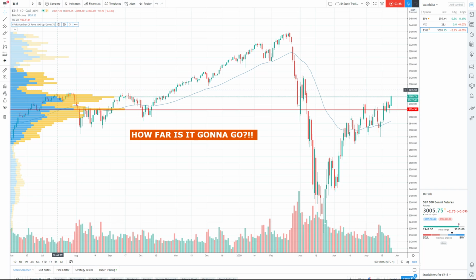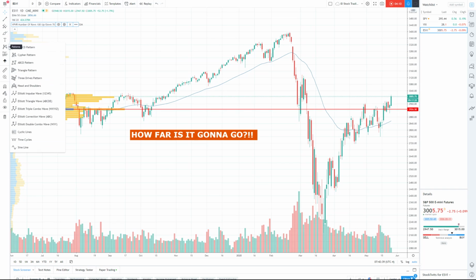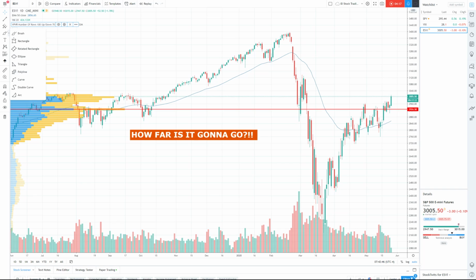So we can see that from 3045 to around 3070 there is an area with low volume, which is likely to act as a resistance. So the nearest resistance would be this area. Let me mark it for you.